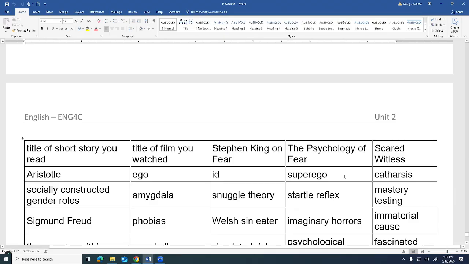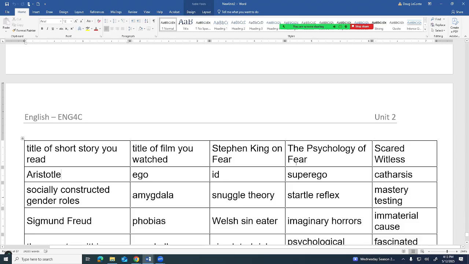So, we also have Aristotle. Where did Aristotle come up? If you can't remember, then you may want to just flip back and see where Aristotle was mentioned in those articles. Ego. What's an ego and an id and a superego? And then catharsis. These are all terms that may be new to you.